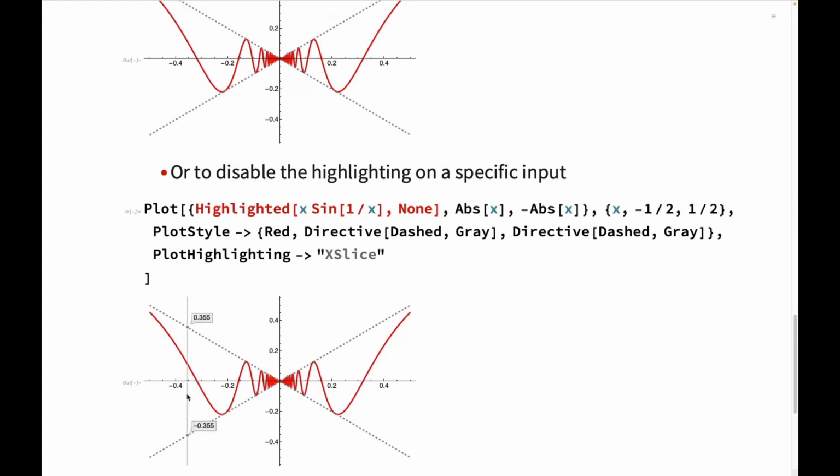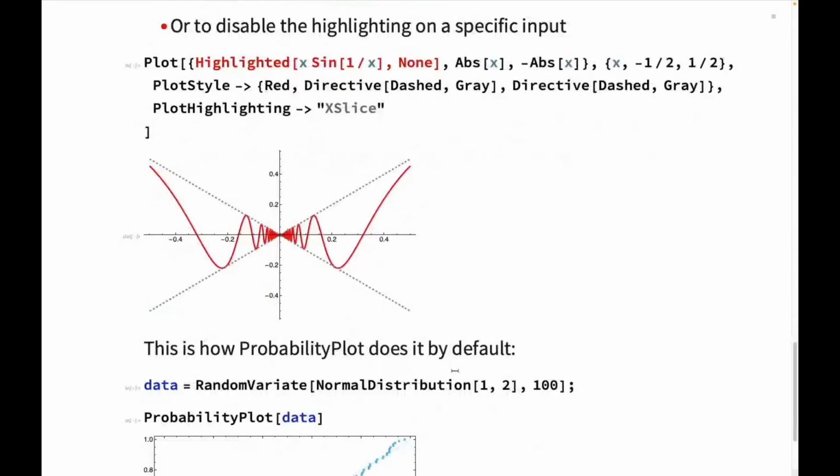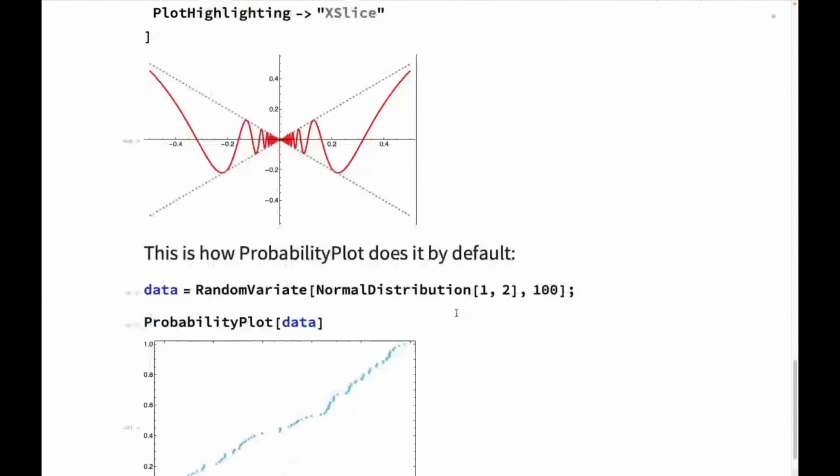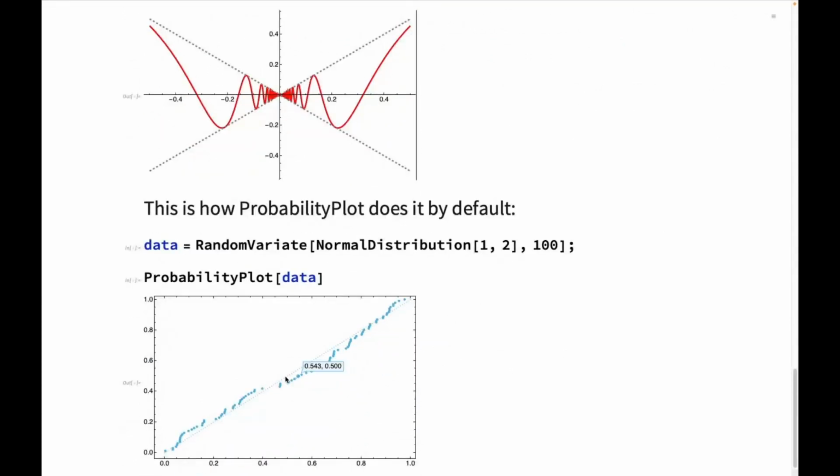So now I only have two highlights among the three curves. This is how ProbabilityPlot and some other functions do it by default. Like in this example, this reference line doesn't have highlights because it's just a reference line. This is basically using the same mechanism that I just mentioned.